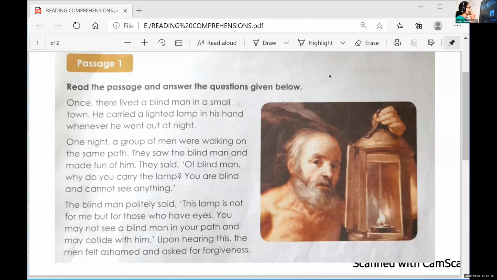Why? You're not able to unmute. I have unmuted you from here. Just try unmuting. Unmute yourselves. Okay, Anay?